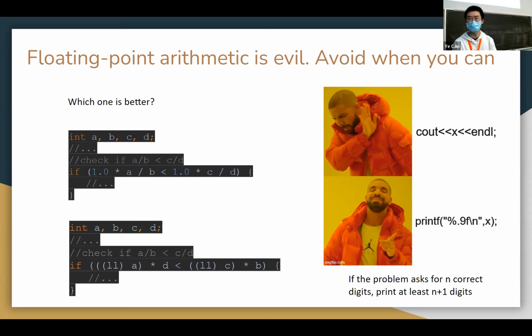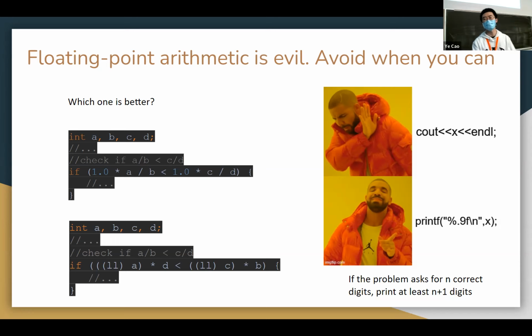Another thing about printing floating point numbers is to make sure you print the right number of digits. With cout, it's very easy to use the first output method when you don't have much experience. That is a very bad practice because cout might not give you enough correct digits, and when it doesn't, you will most likely get WA.